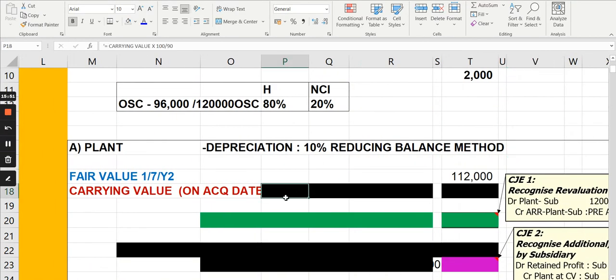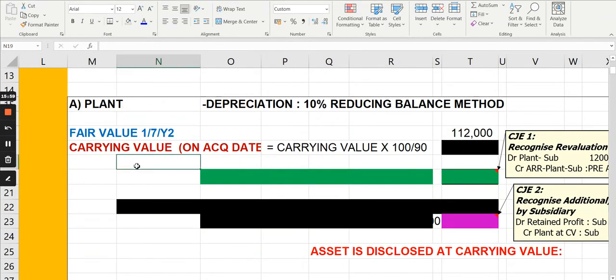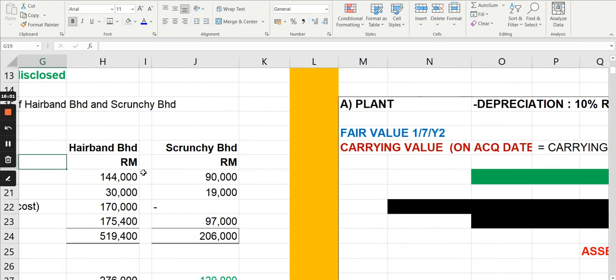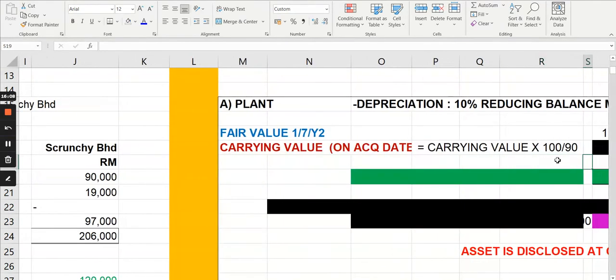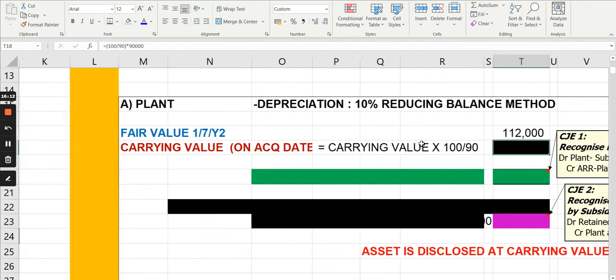To find it, you take the carrying value as at 31st of December year 3, and then you gross it up with 100 over 90. 100 over 90 refers to the 10% depreciation that was charged.